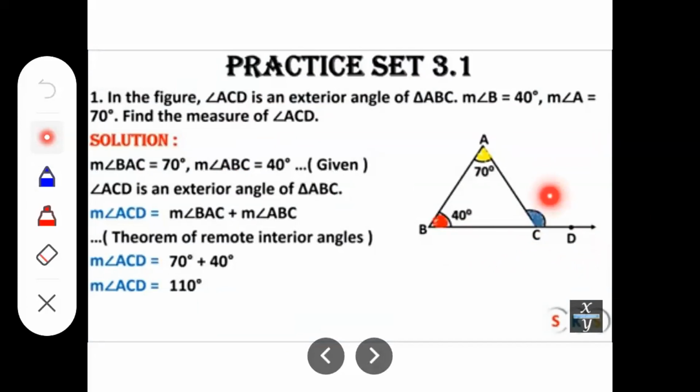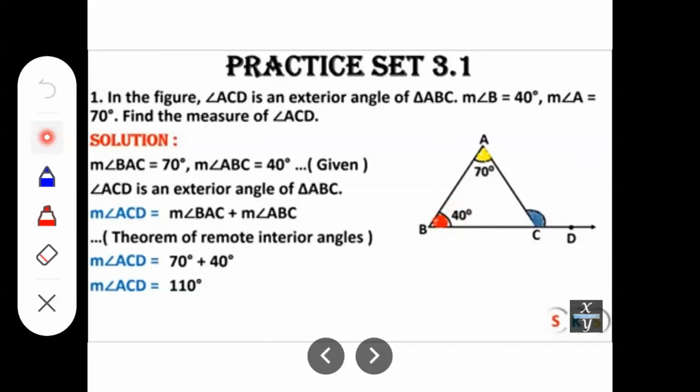And we learned the property of exterior angle and remote interior angles. Those two are remote interior angles of a given triangle. Okay, just recall the property. We need to solve the example here.